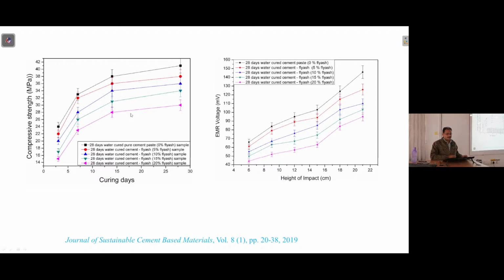So strength is continuously decreasing as you are increasing this fly ash content. And here you have the variation for this again, 0% for this case, and this one is with the highest percentage of the fly ash. So with the increasing fly ash percentage, again here voltage is found to decrease.